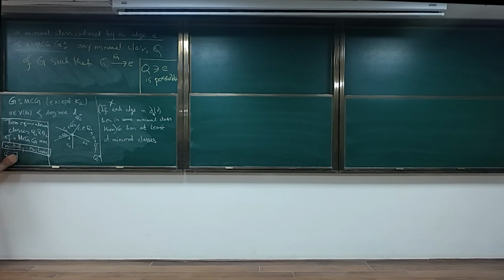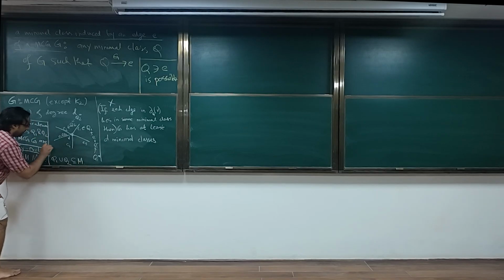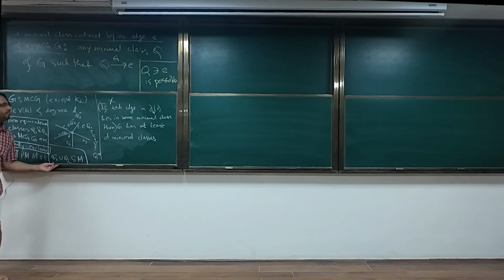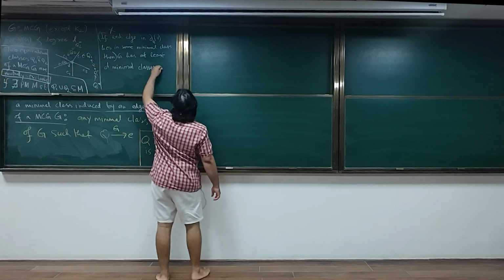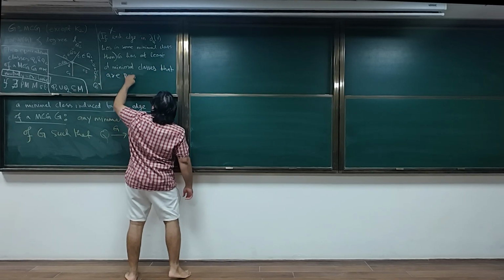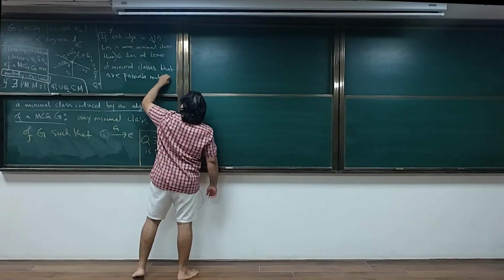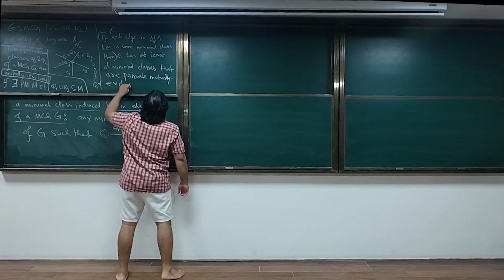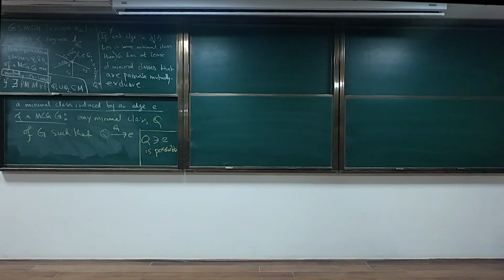If there does not exist any perfect matching M such that Q1 union Q2 is a subset of M. In fact, what we proved is the graph G has at least d minimal classes that are pairwise mutually exclusive and therefore pairwise distinct.